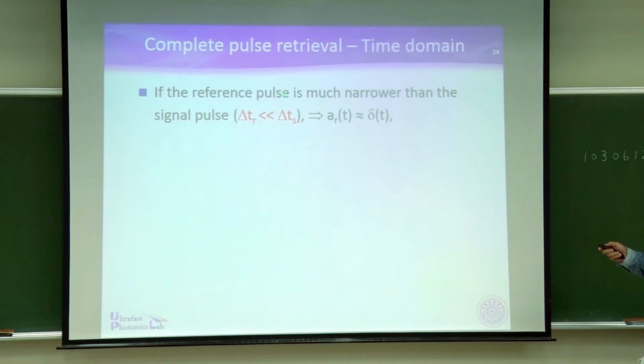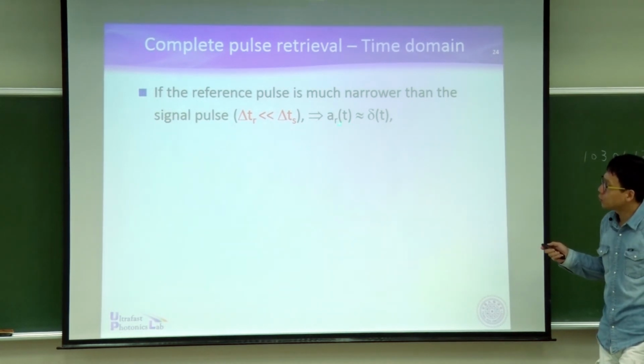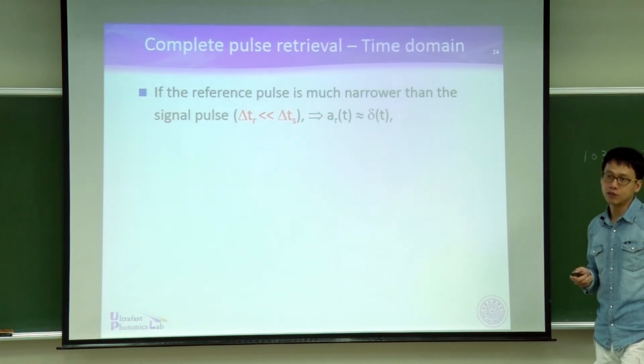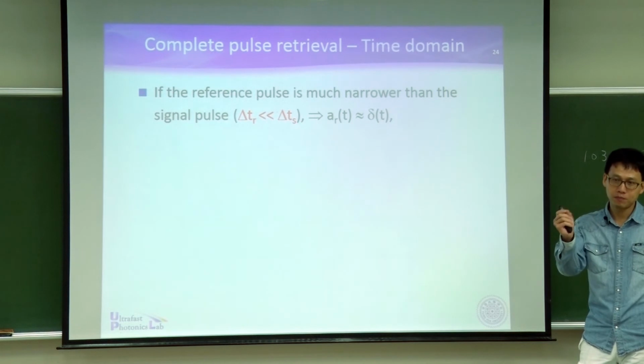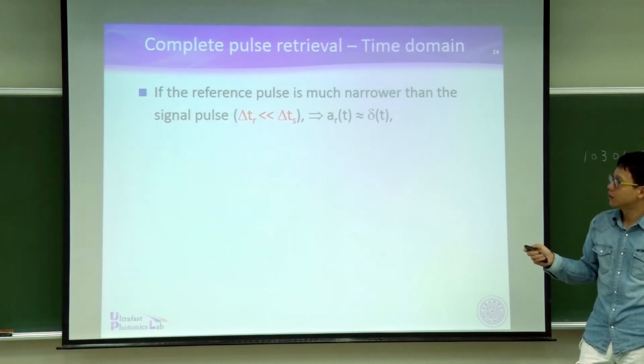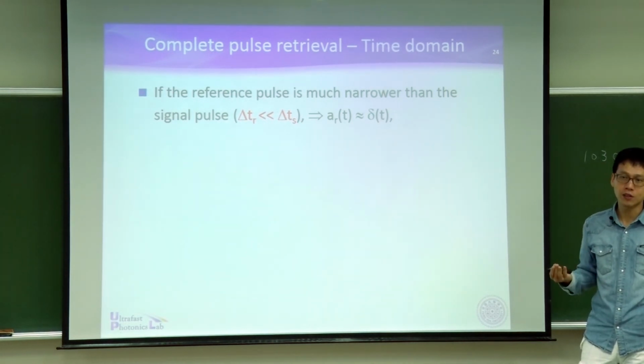If the reference pulse is much narrower than the signal pulse, or in other words, delta TR, the pulse duration of the reference, is much shorter than delta TS, the pulse duration of the signal pulse, then we can roughly write the reference pulse as a delta function. If the reference is much narrower, it looks like a delta function to the signal pulse.